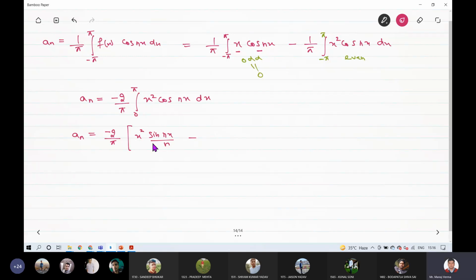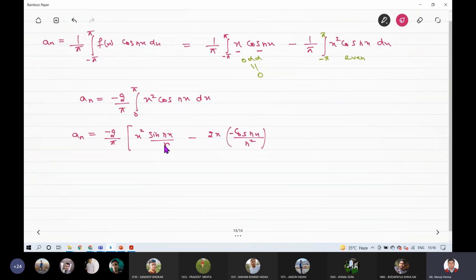minus differentiation of this term, this will be 2x, integration of this term, this will be sine minus cos nx by n square now.